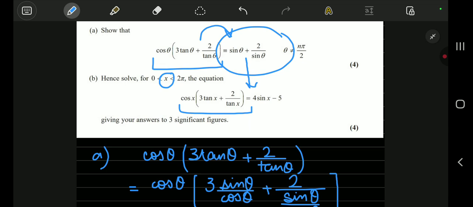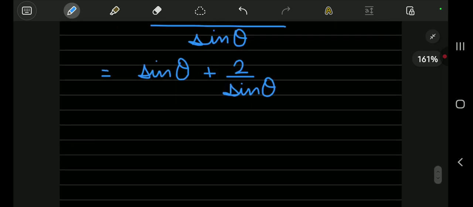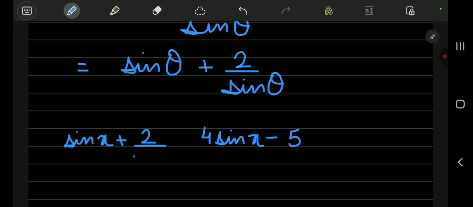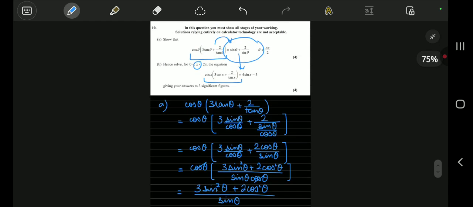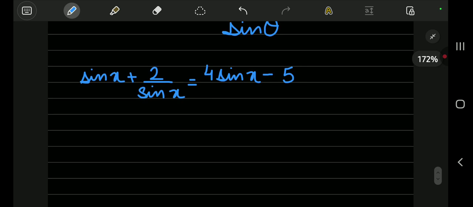So we will be having sine x plus 2 over sine x equals 4 sine x minus 5. Okay, we put this equal and now solve it. Multiply the whole equation by sine x, as this is in the denominator.